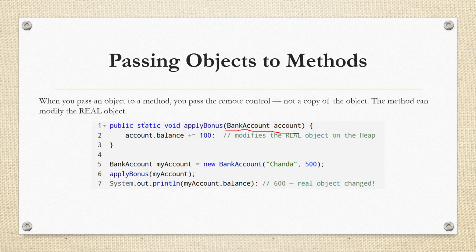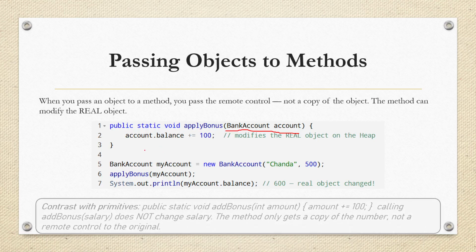Now we increment our balance by 100. And when we print out the balance, which is my account here, we notice that the function actually modified the value, because remember, this is not a primitive type. This is a reference type. So it's pointing to this particular object, and in turn it gets updated.